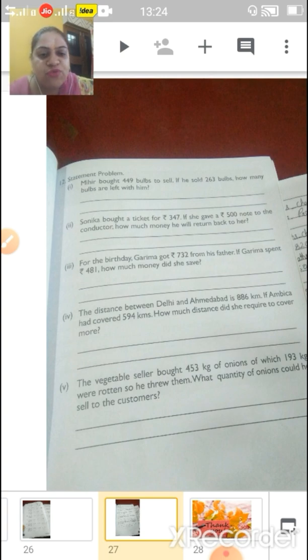And last, what quantity of onions could be sold to the customer. Now in this 453 kg onions and rotten is 193, so what quantity of onion sold to the customer, that is also subtract. So I will send you in written form, in PDF form, then you will do.